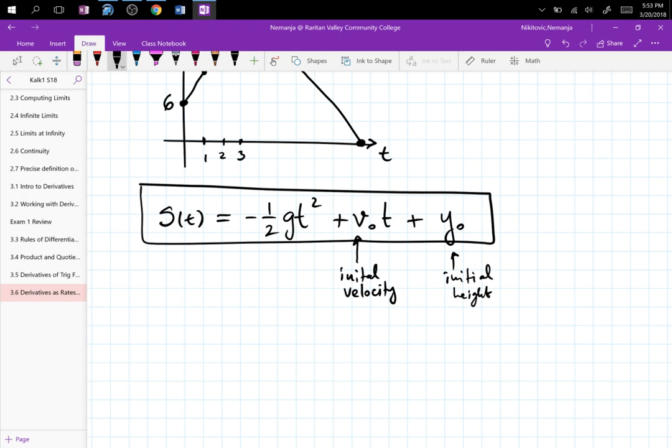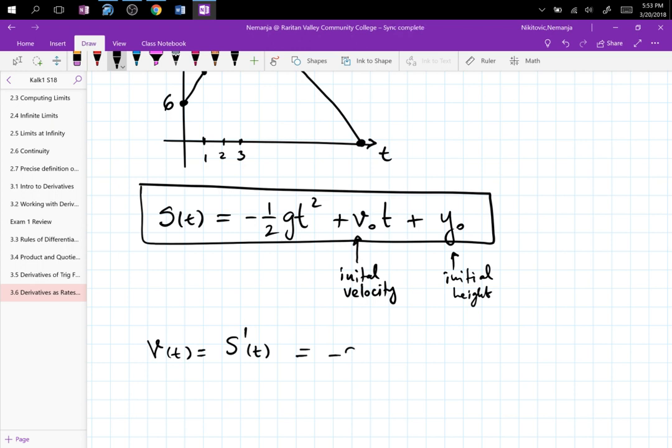Now, what is the velocity? Velocity is going to be the derivative of position. So if you take the first derivative of the position function, you will get velocity. We have this square, which will cancel the half.